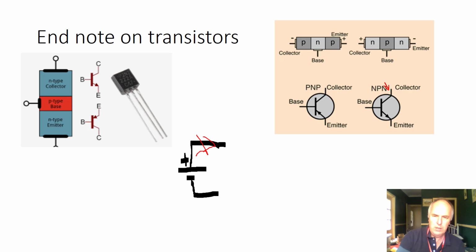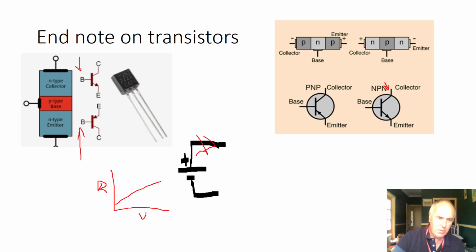Now, the other important thing to notice is that functionally these devices operate such that if you increase the voltage across here, the voltage from here to here, it's got the characteristic that as the voltage increases, the resistance increases, for a particular value of current you're putting in here.